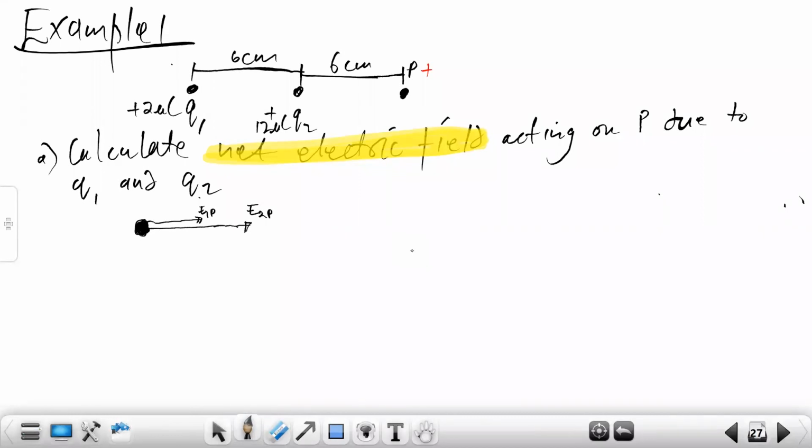So let's remove this quickly and do my calculations quite fast. Kindly assist me because you guys are somehow faster than me. I'm going to calculate E of 1 on P. This is kQ over r squared.